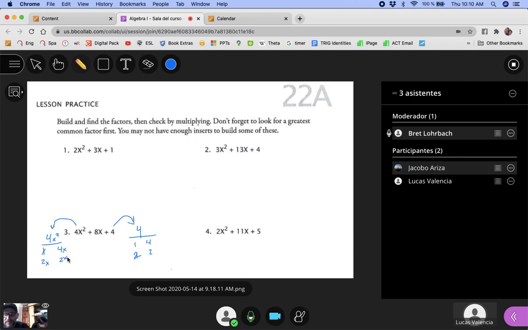So how many combinations are there? I mean, how many things are there? You can do this times this times that. But remember, you can also change the order, say 4 times 1.